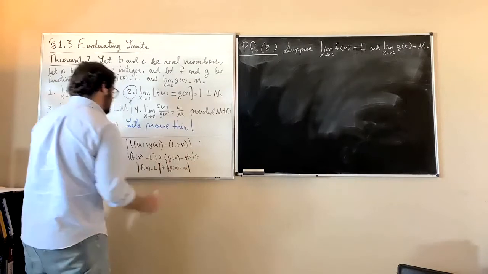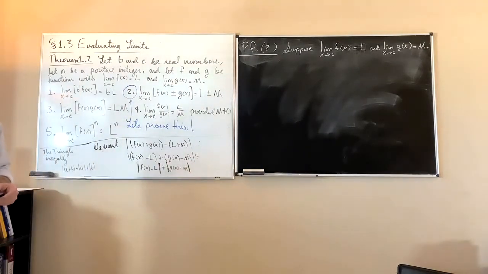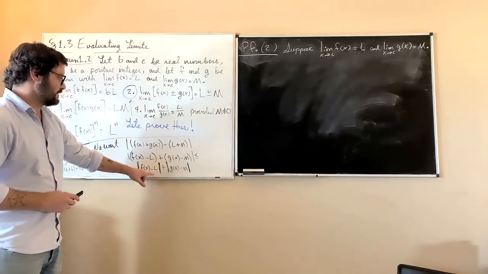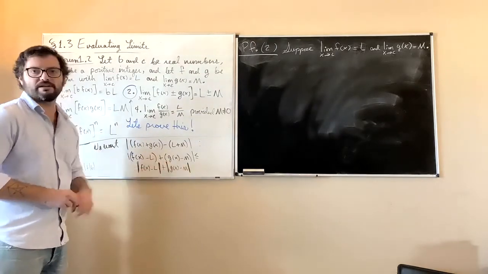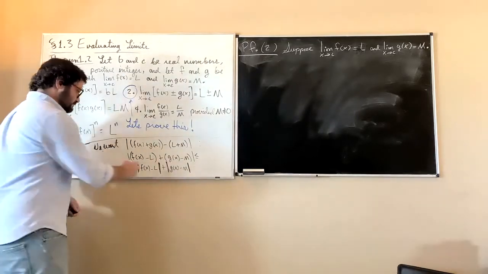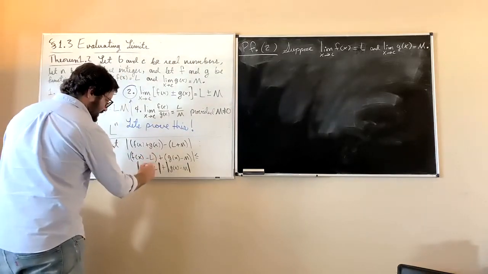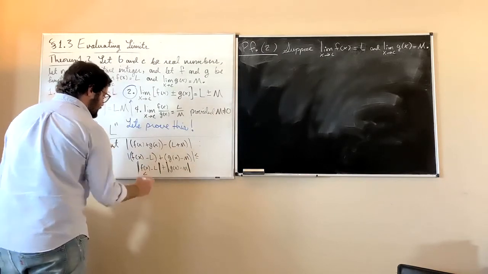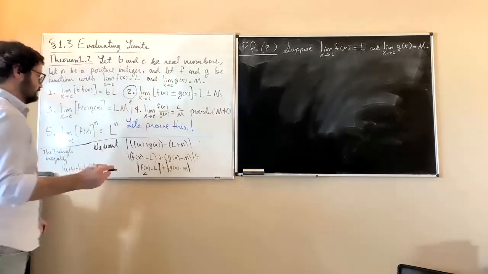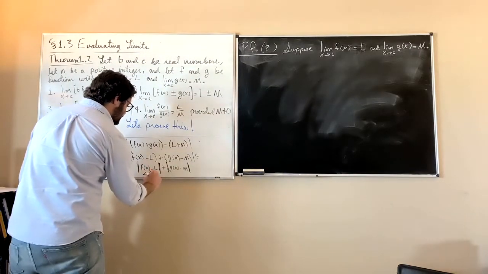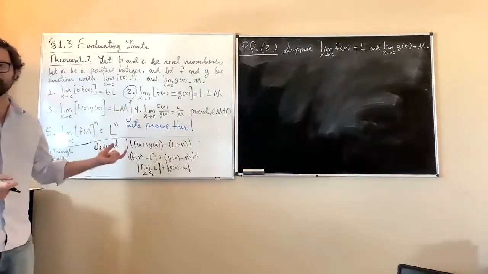Now, because we know that the limit of f of x is L and the limit of g of x is M, we know that this absolute value is at most some epsilon.